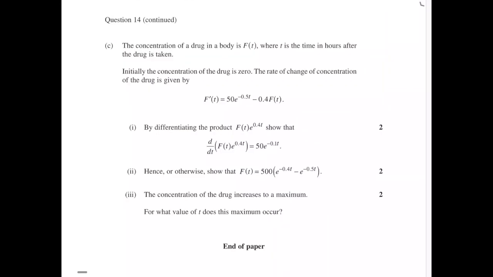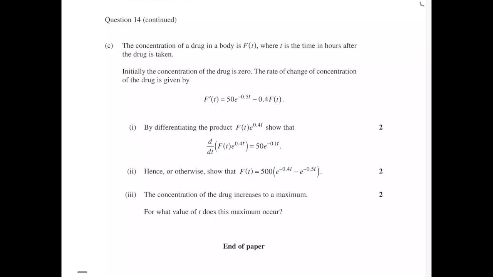So the second part says, hence or otherwise, show that f of t equals 500 times e to the negative 0.4t minus e to the negative 0.5t. Okay, it says hence or otherwise, which suggests that we're probably going to use the information that we just obtained in the previous part.